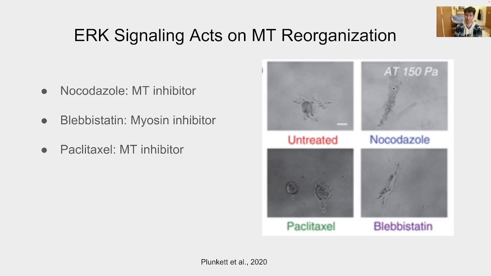So these are more epithelial-like. The lamellipodia are not as spread out as seen with the actin inhibited cell types compared to the microtubule inhibited cell types.